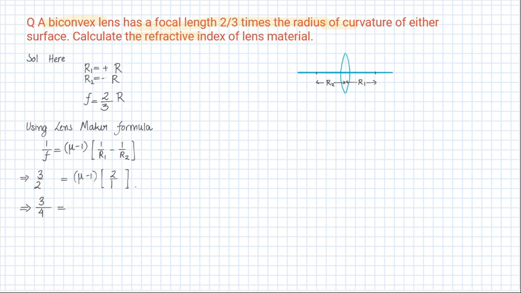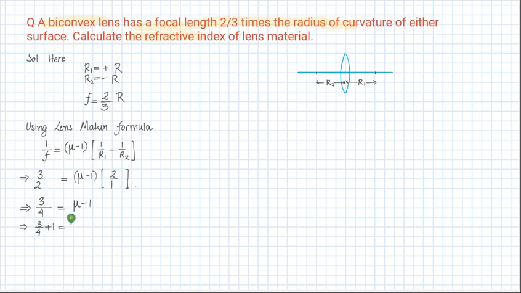So I'll write down mu minus 1. Now I can send this minus 1 to the other side. If minus 1 goes to the other side, what will it become?